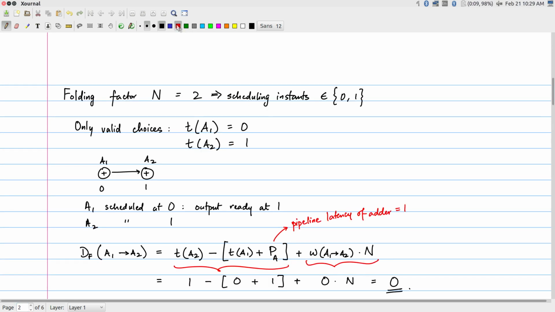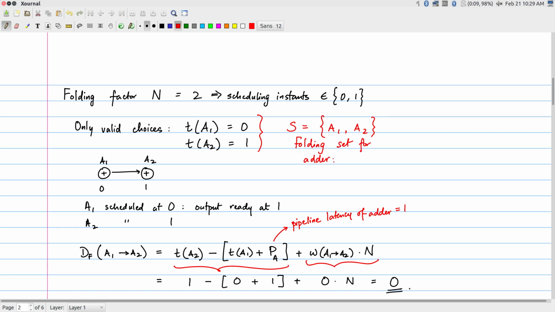What I'm going to say over here is, if I do this, that is t of a1 equal to 0, t of a2 equal to 1, I can also equivalently write that by saying that there is a folding set which has the elements a1 and a2. This is the folding set for the adder.